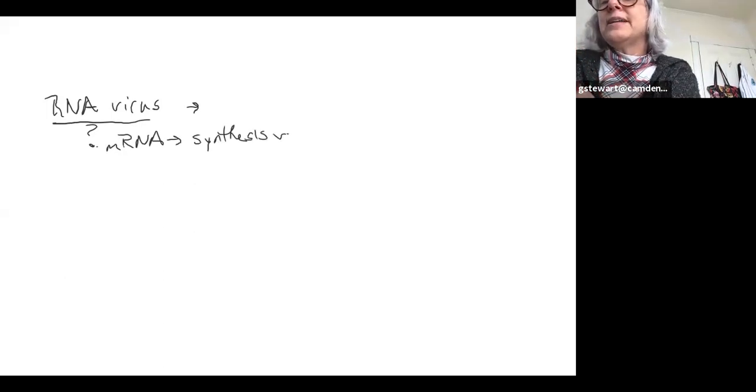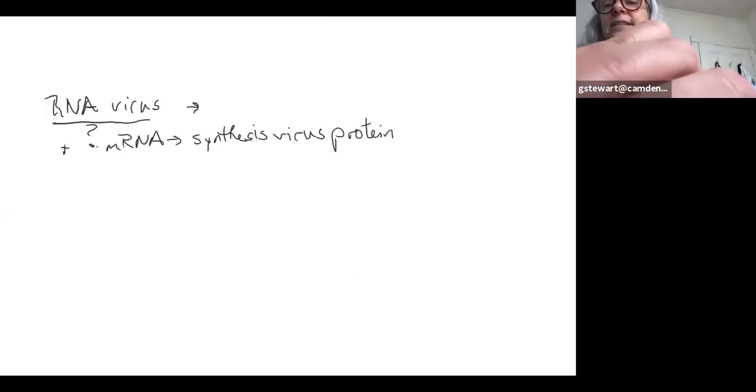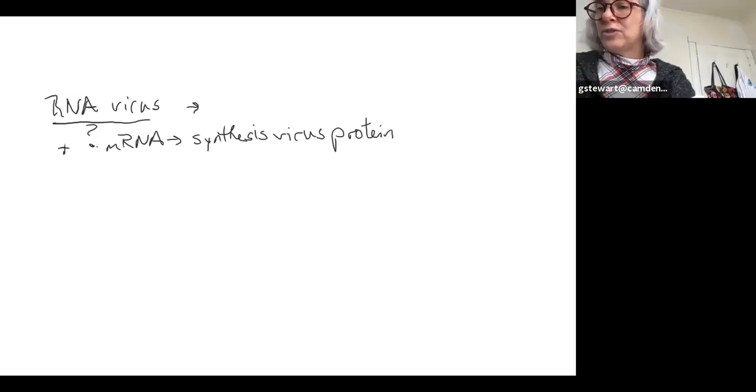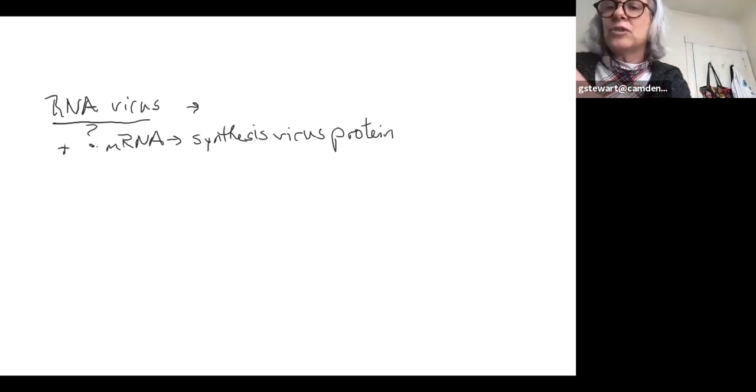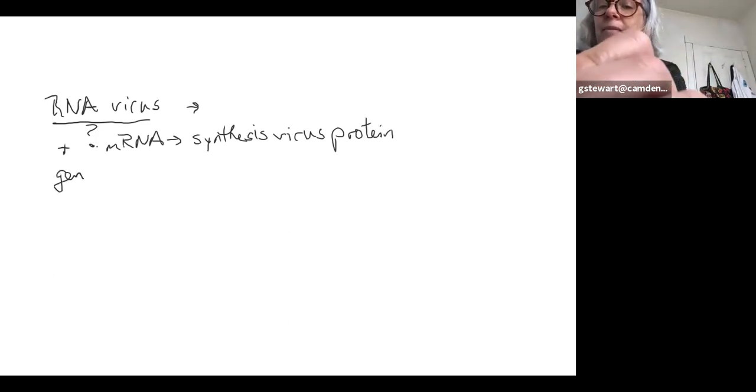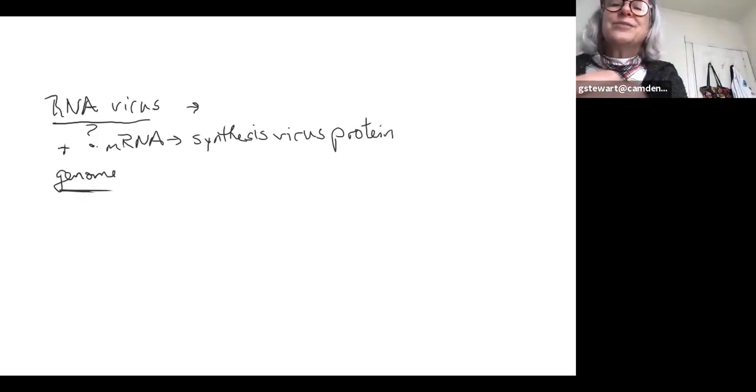Now, something we did not talk about is if the virus comes in and it's sense strand, analogous to messenger RNA, if it comes in with that as its genome, do you see the problem where it's going to have to somehow make more of this plus strand of RNA for its genome, right?